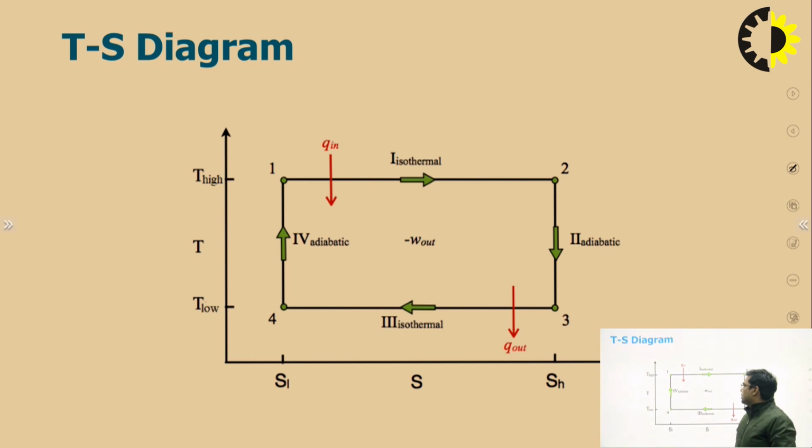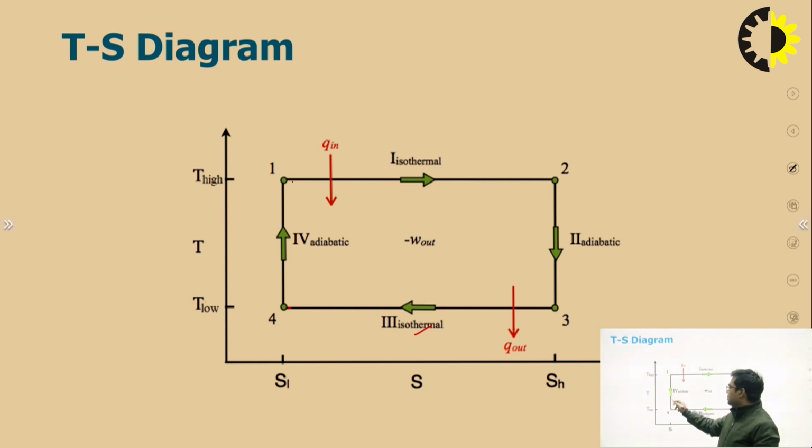In the TS diagram, from process 1 to 2, the temperature is maintained constant, heat will be added, and the entropy of the system, represented by S, will increase. In process 2 to 3, the entropy of the system will be constant, but the temperature will decrease. In step 3 to 4, in the isothermal condition, the entropy will decrease and the temperature is almost constant.